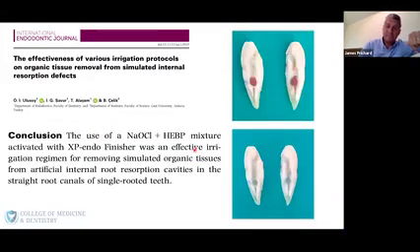And here, the reason I put this in is because it's one of the few papers that's been published looking at etidronic acid and hypochlorite and using adjunctive cleaning techniques. It's an in vitro model, you're looking at artificially induced internal resorption lesions, and in this particular model, it was effective at cleaning that.